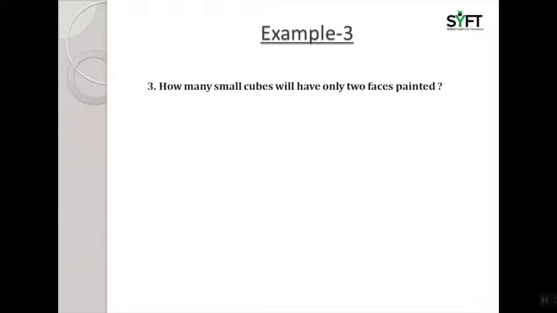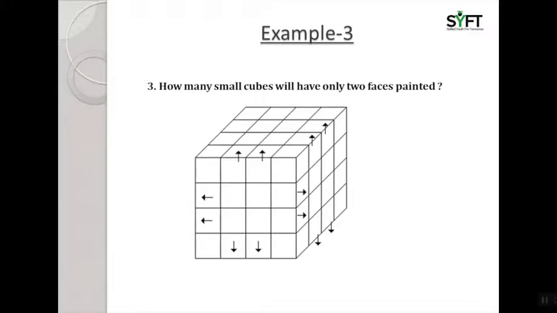So let's go to the next example. How many small cubes will have two faces painted? In this, we can see after the corners are gone, only these cubes have two faces painted. These cubes, you can see this side, this side, this side, this side. So there are 2, 4, 6, and 8.